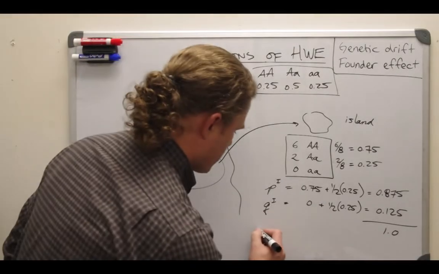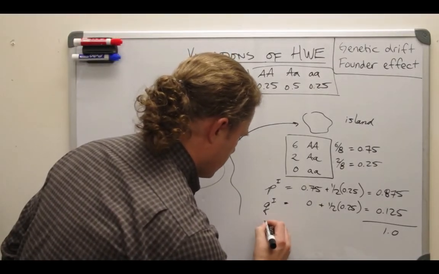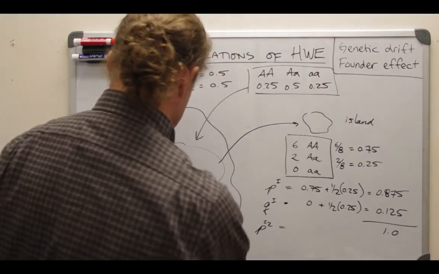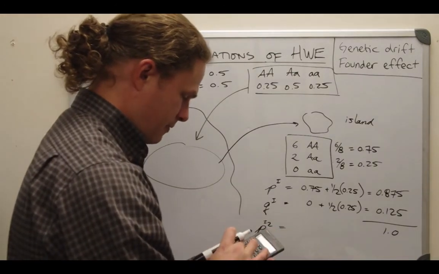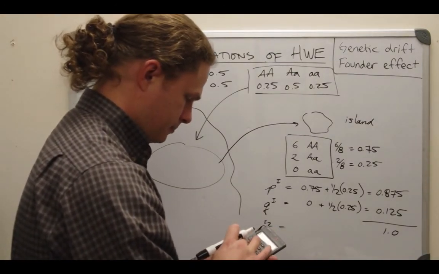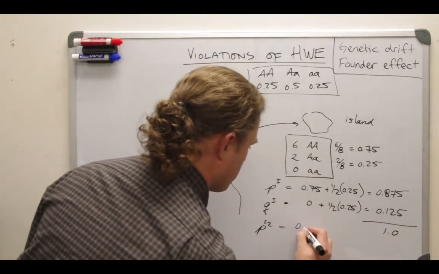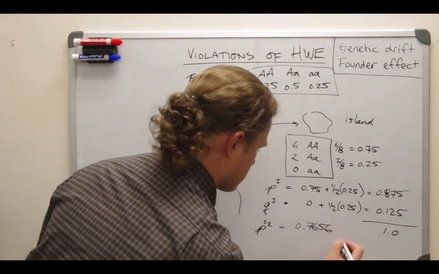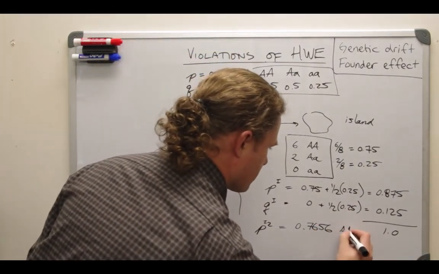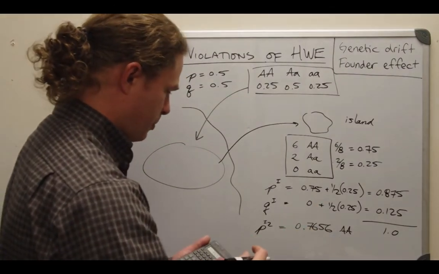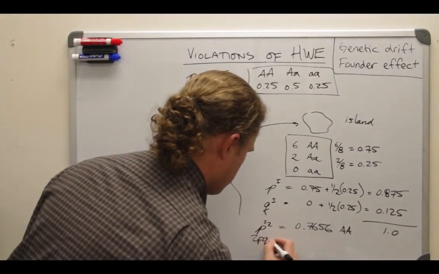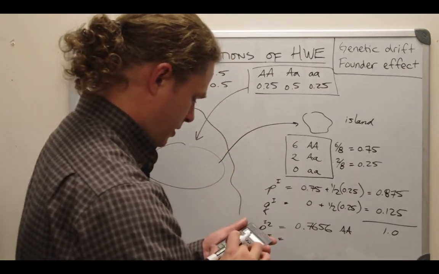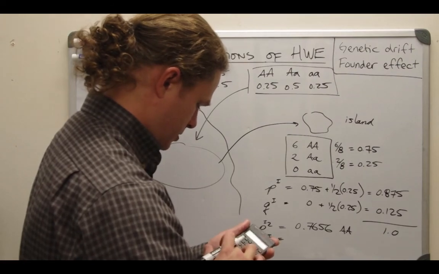So in this case, we would expect P squared, so P I now dealing with the island, P squared, which is 0.875 squared. So this will be approximately 0.7656. So we would have this proportion of individuals that are big A in the first generation. We would have 2PQ on the island, and that would be 0.875 times 0.125 times 2.